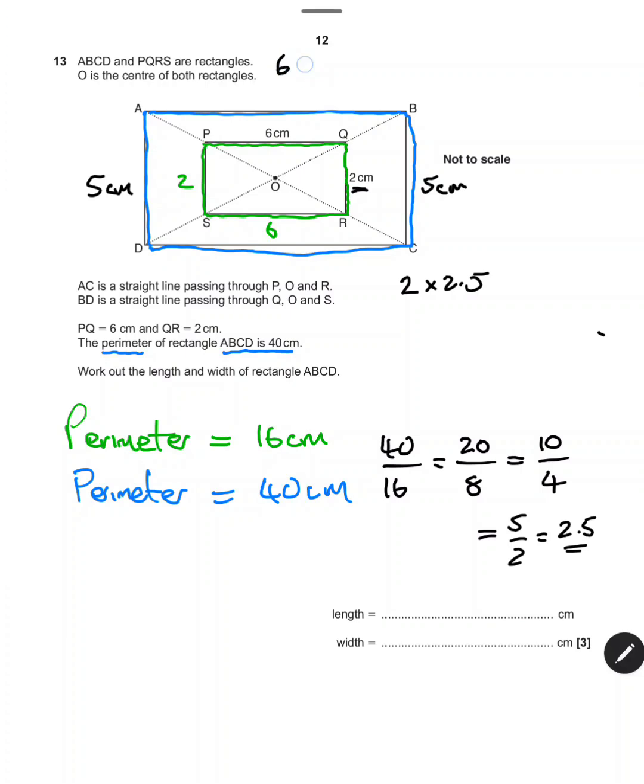So up here we need to do 6 times 2.5. Again, use money if you're unsure with decimals. 6 lots of £2.50 would be 15. So this is 15. And that is what we're asking for. The length and the width of the rectangle ABCD, the large rectangle. So the width would be 15 and the length is 5.